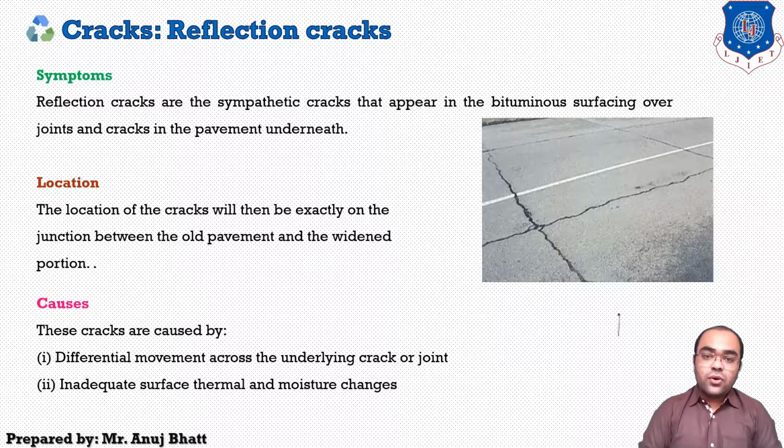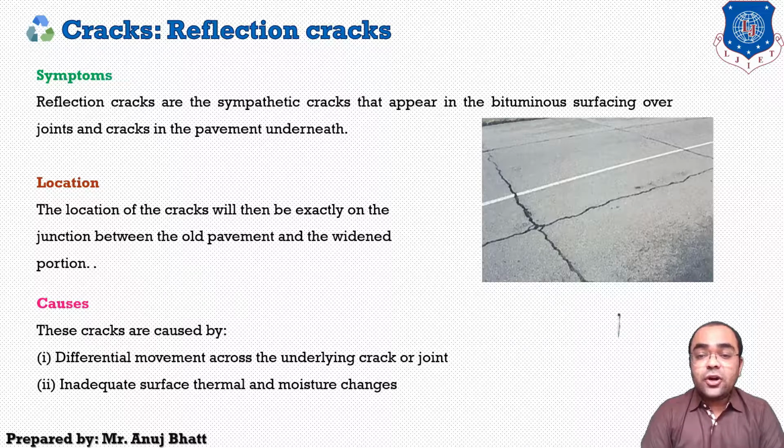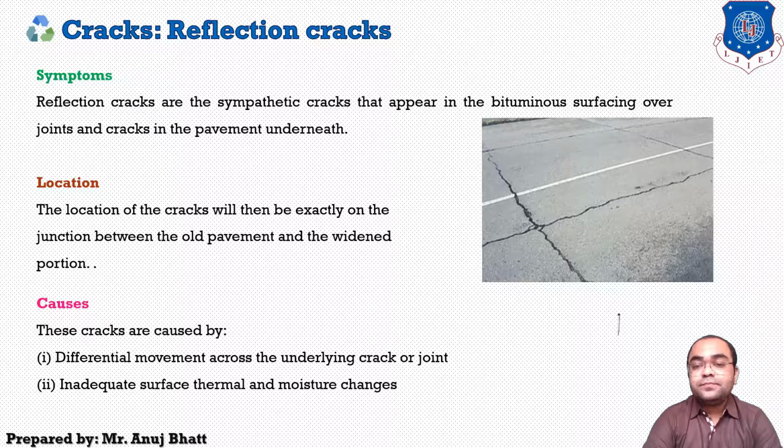Well, if we talk about the causes, the differential movement across the underlying crack or joint is responsible for the development of reflection cracking. For joint reflection cracking, this is the movement of the cement concrete slab beneath the bituminous surface because of thermal and moisture changes.